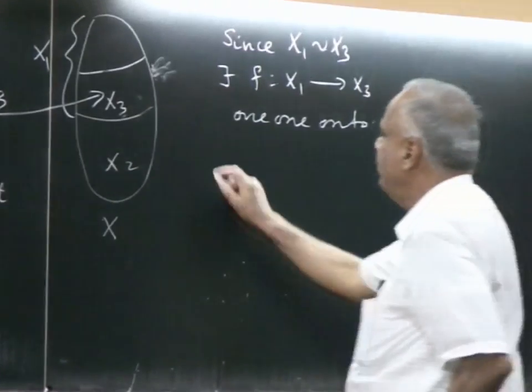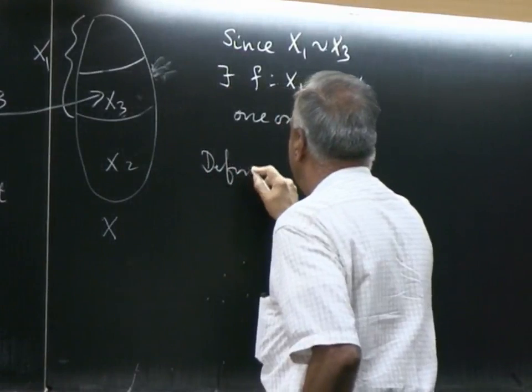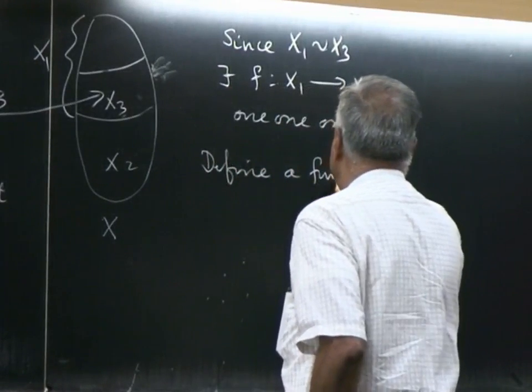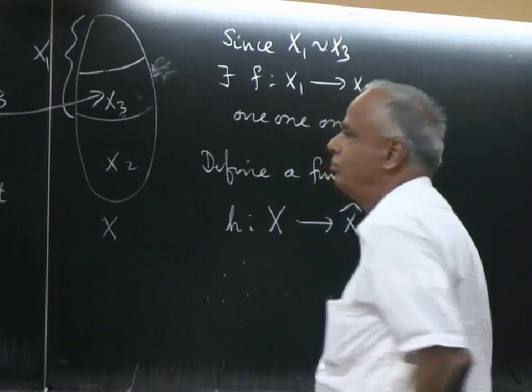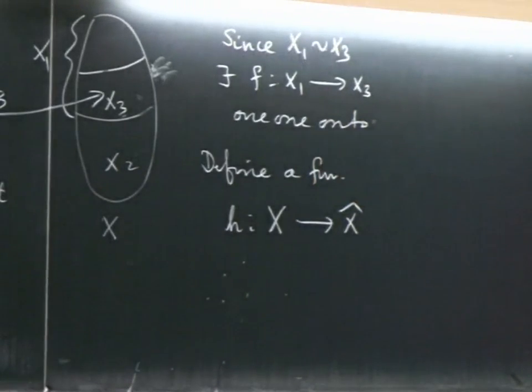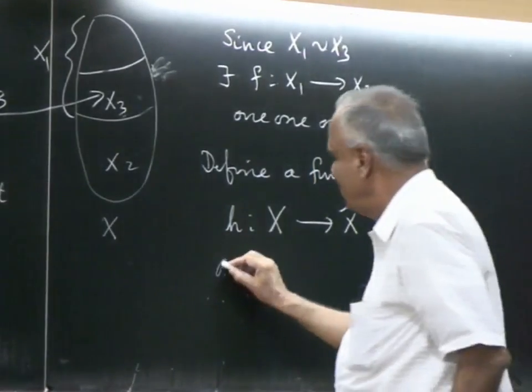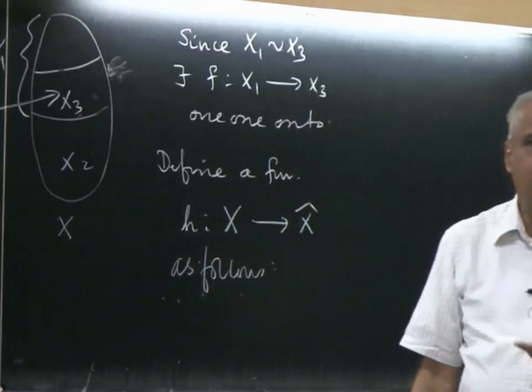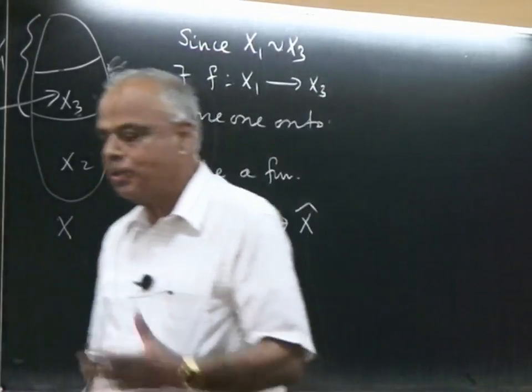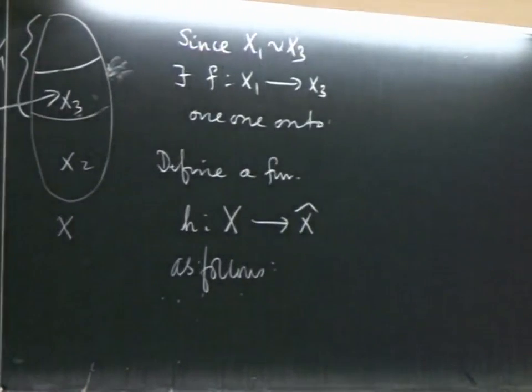So now define a function h from X to X hat as follows. When I say I want to define a function from X to X hat, what does that function h do to each element in X?